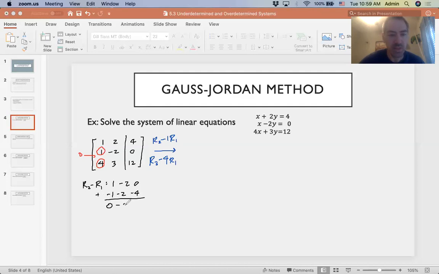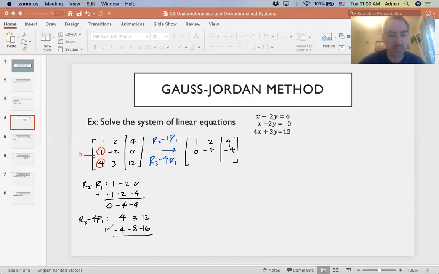That's 0, -4, and -4. And then row 3 minus 4 times row 1. -4 times row 1, that is -4 times -8 and -16. That gives us 0, -5, and -4.